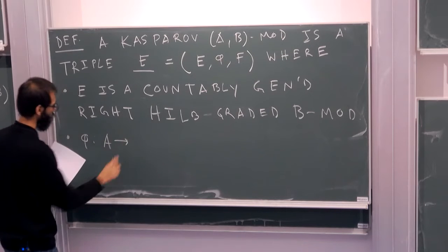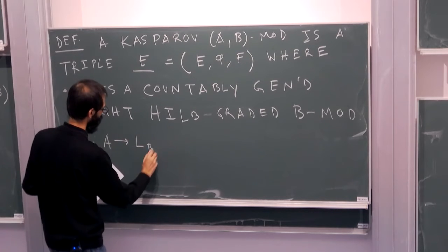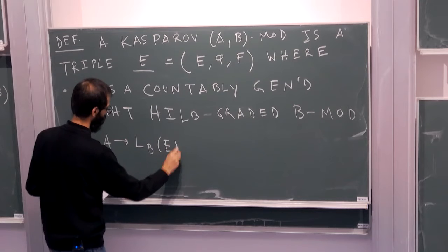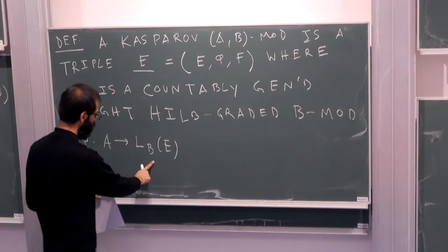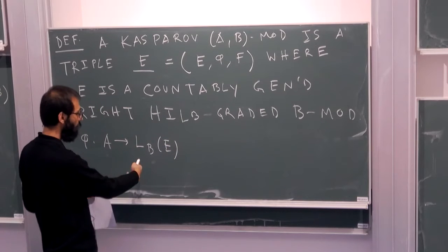Phi is a graded homomorphism from this graded C*-algebra A to the adjointable operators on E. So this has the induced grading.